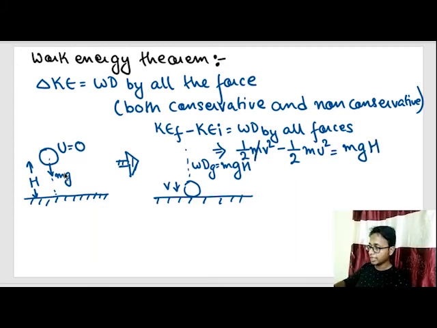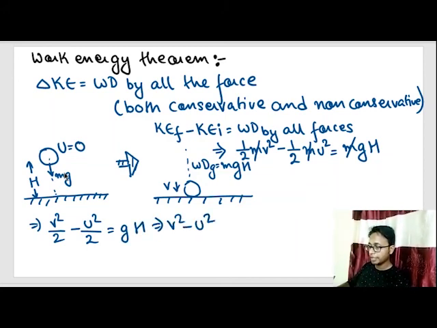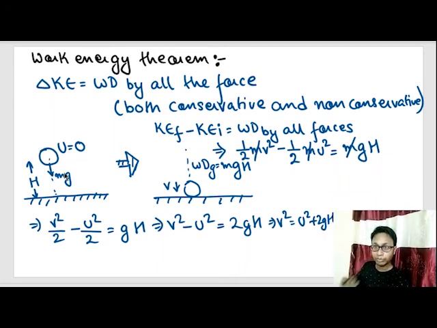So if we cut the m, we get v square by 2 minus u square by 2 is equal to gh, or v square minus u square is equal to 2gh, or v square is equal to u square plus 2gh. This is how the third formula for kinematics was derived.